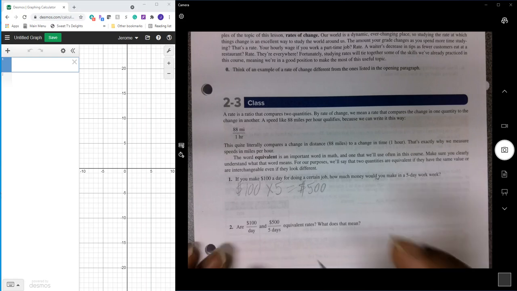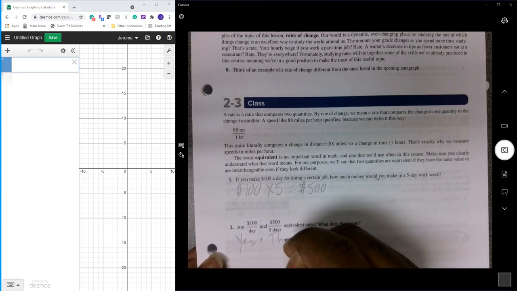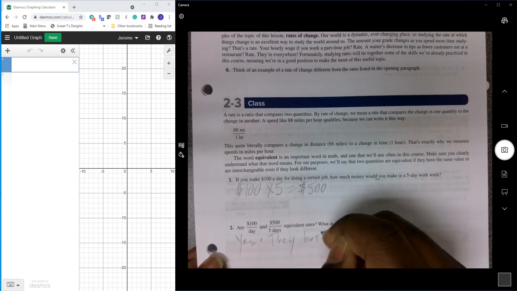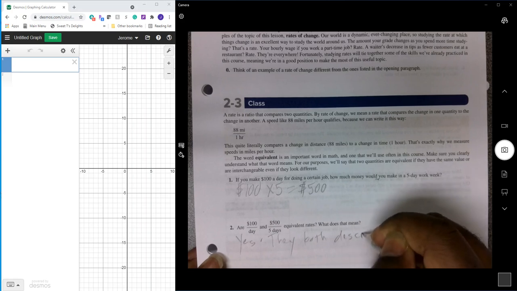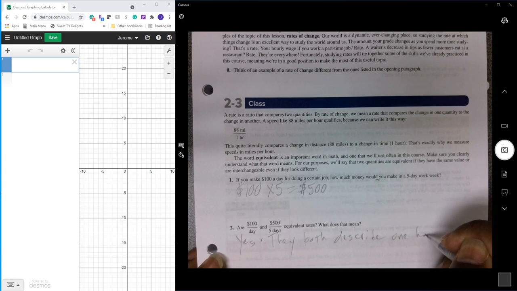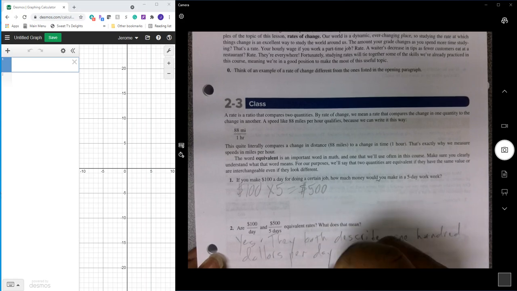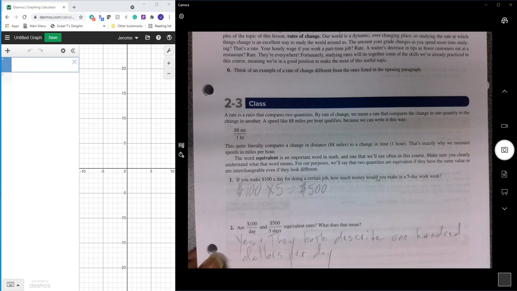What does this mean? Yes, they both describe $100 a day. They both describe $100 per day.